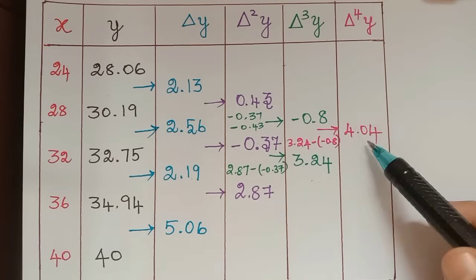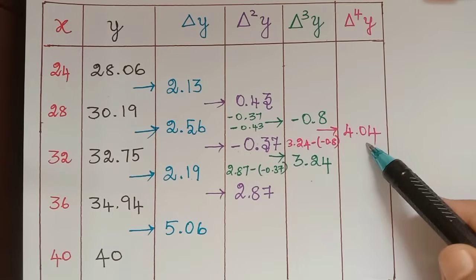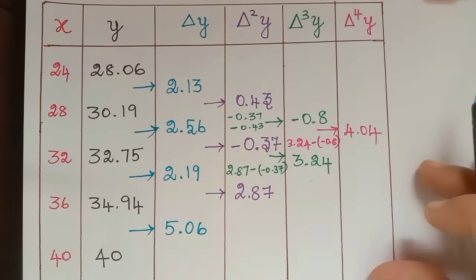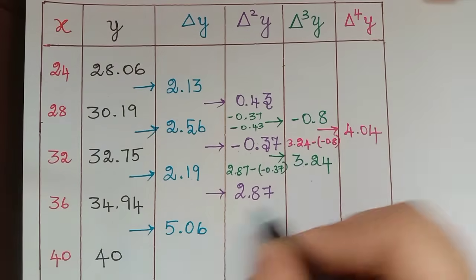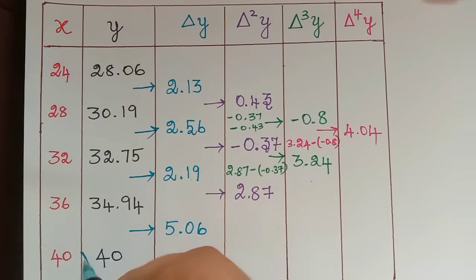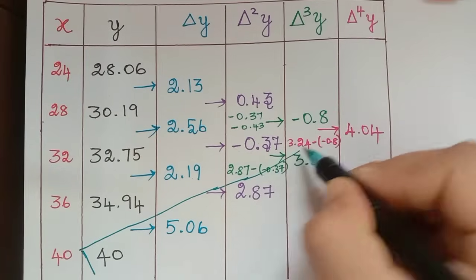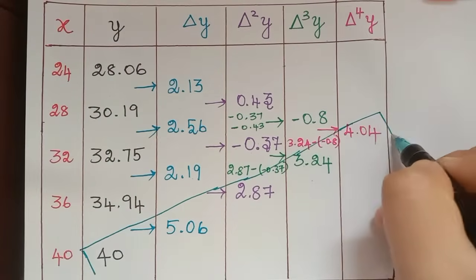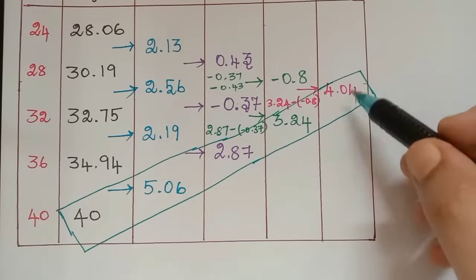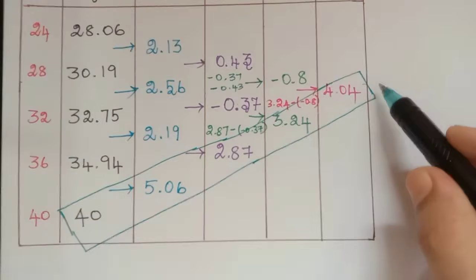Now after finding the value of delta power 4 of y, we have finished the difference table. So now for using in the formula, we have to use all the backward values that we have evaluated. Be very careful in making the note of the backward values.